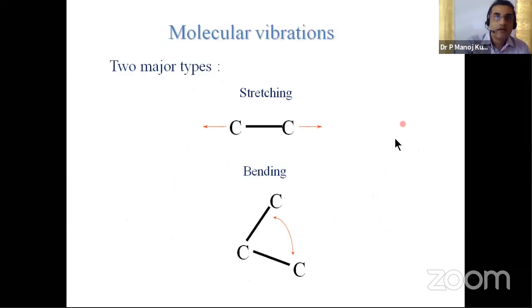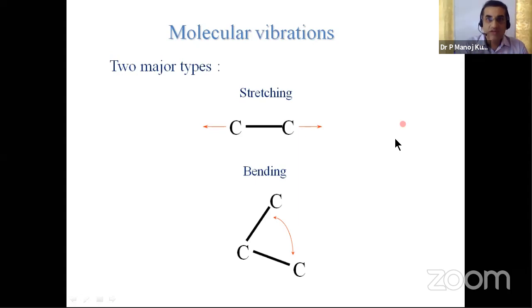Thank you. So all the bands that result in the IR spectrum majorly happen due to two aspects of the molecule. One is the stretching vibration and another one is the bending vibration. All those IR absorption bands that you get in an IR spectrum are only due to these two aspects of the molecule.